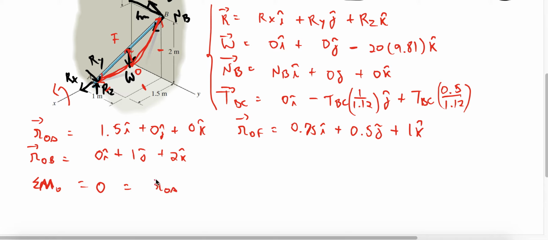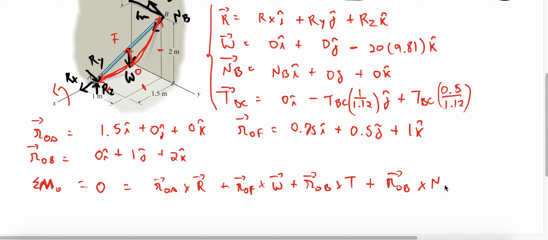When I actually do, for instance, ROA cross the R vector, which is just our x, our y, and our z components, plus ROF cross the weight, plus ROB cross T, plus ROB again cross NB.